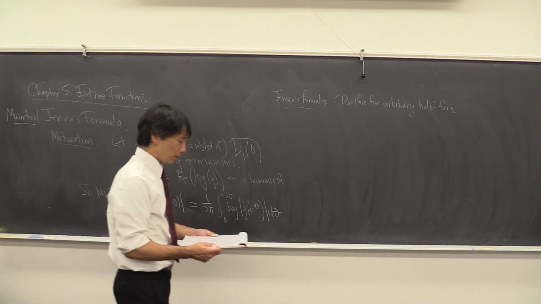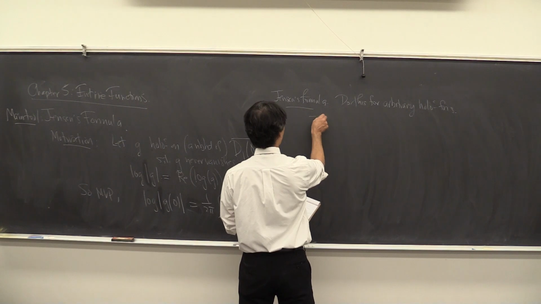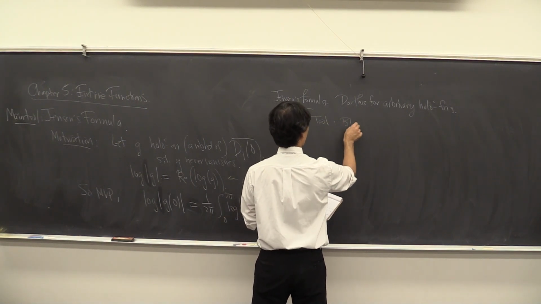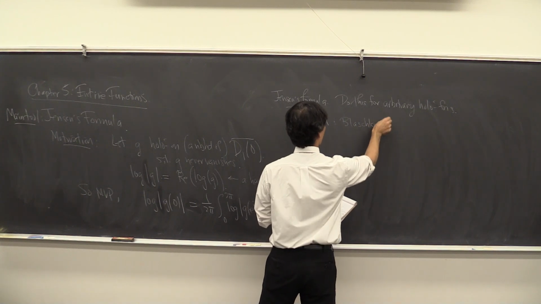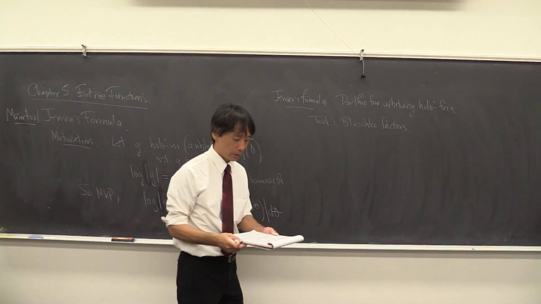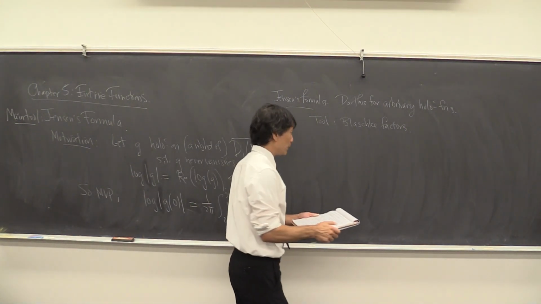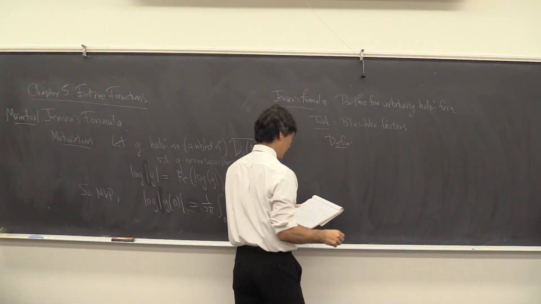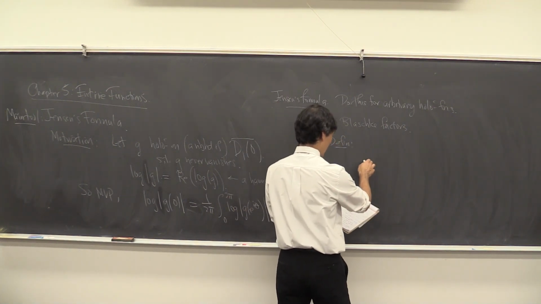Okay. And so the tool that we're going to use to create this formula is something called the Blaschke factor, which you encountered on an early homework assignment. So let me redefine that.